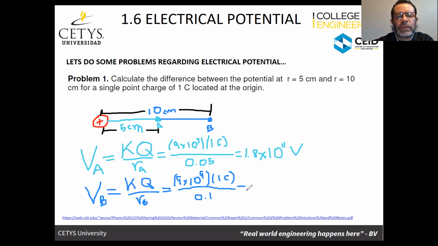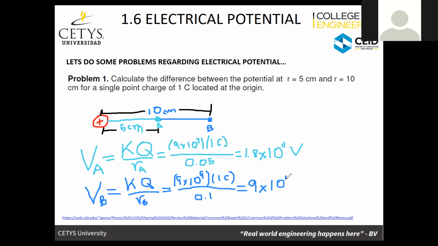Can somebody help me out with that calculation? I got 9 times 10 to the 10 volts. Yes, volts. Okay, perfect. Okay, and so we've got those two potentials there.